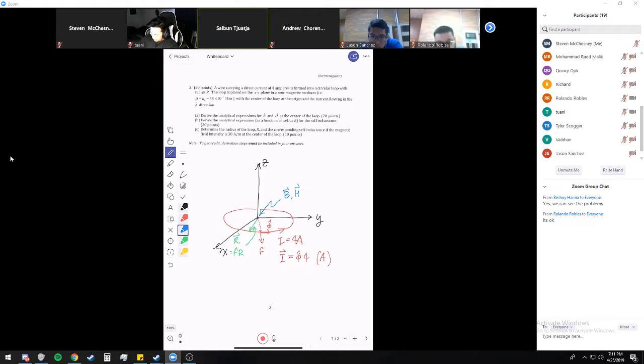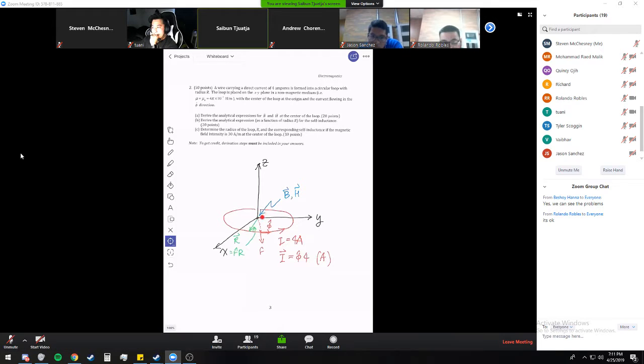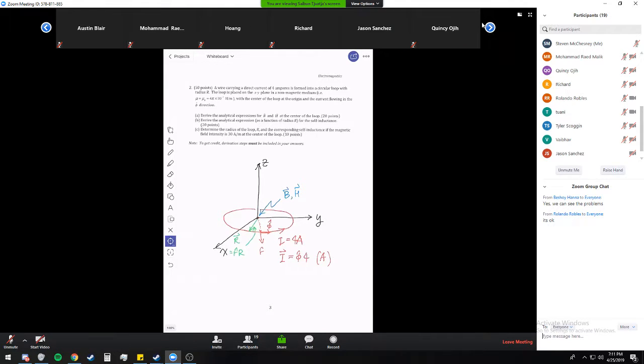Once you set it up, you are given a source. The source is all the current here that produces the field, right? So what is the relationship, if I know the source, that can give me the field? This is from magnetostatics, because the current is DC, a direct current, right?